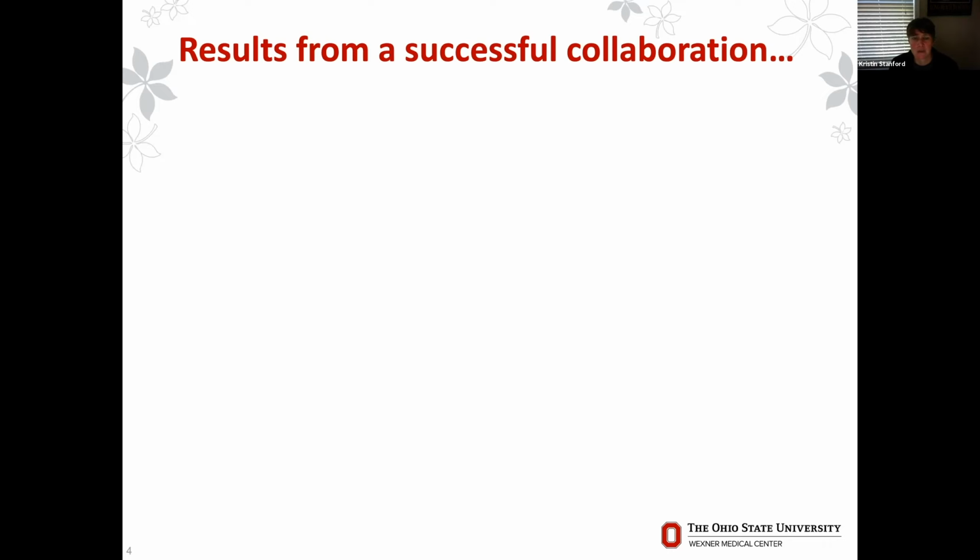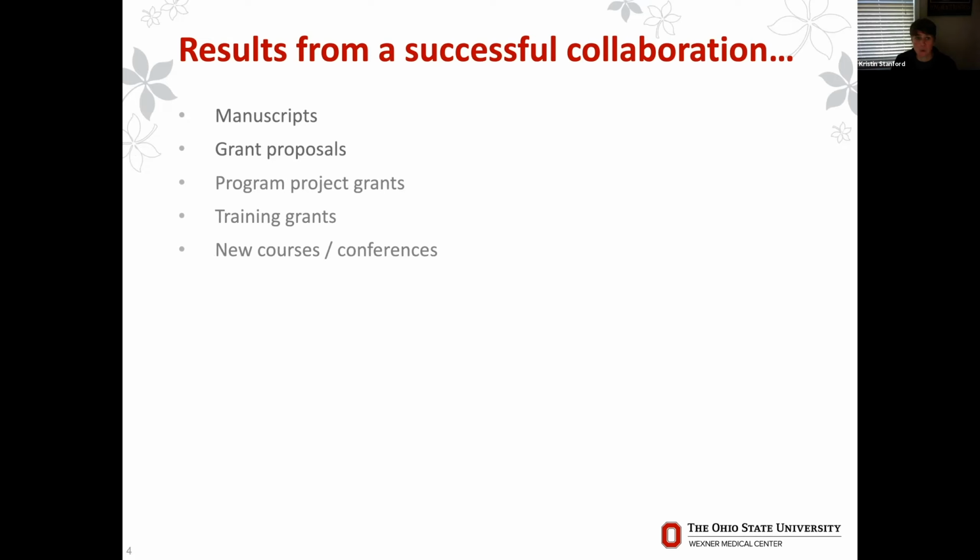I think those have really grown in the past 10 years, highlighting how each lab can contribute their expertise to a particular collaboration or study. Again, results from a successful collaboration can include manuscripts, grant proposals, program project grants, training grants, and really any other synergistic type of grants, new courses or new conferences that develop from these types of ideas.